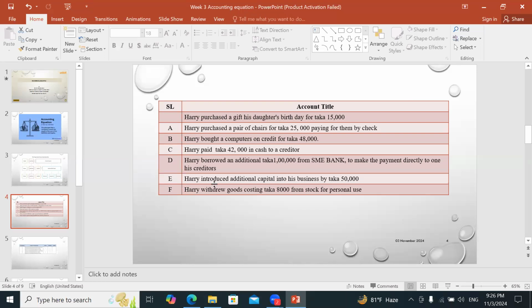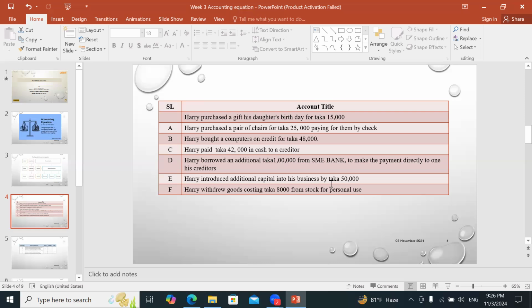Next, Harry introduced additional capital, extra money into his business, by taka 5,000. Capital is always on the liability side. So does cash increase or decrease?